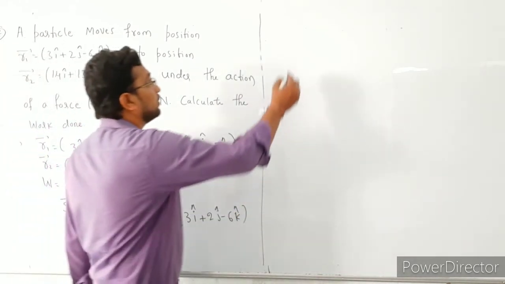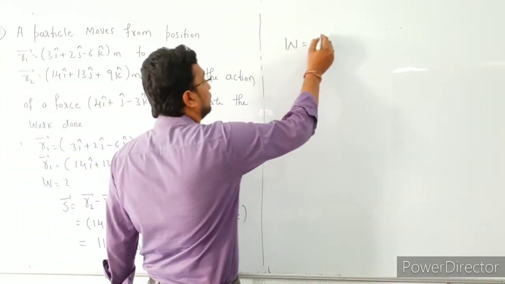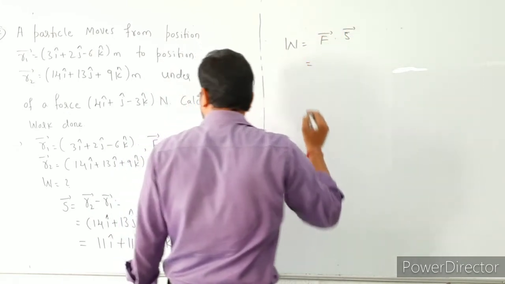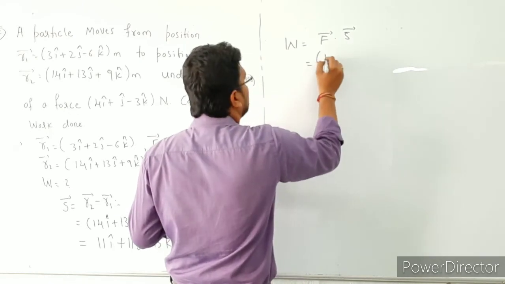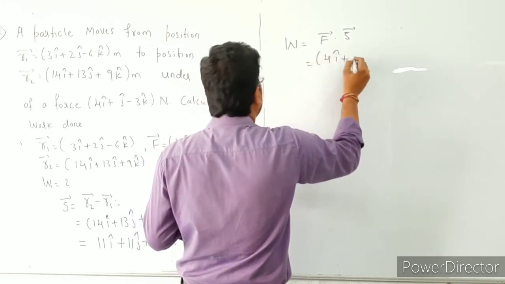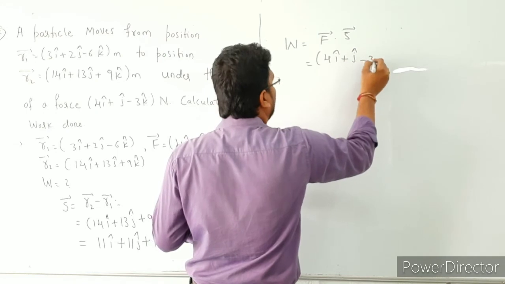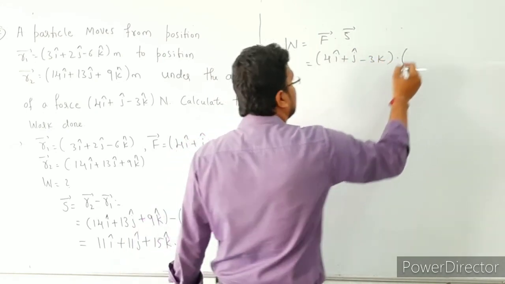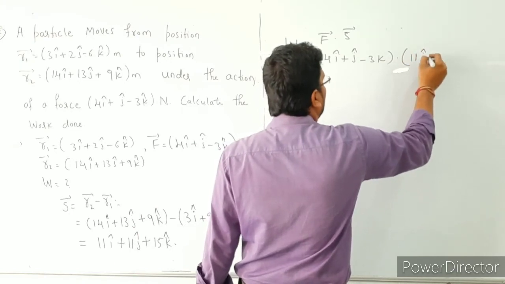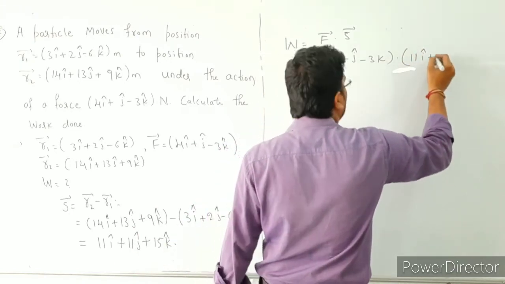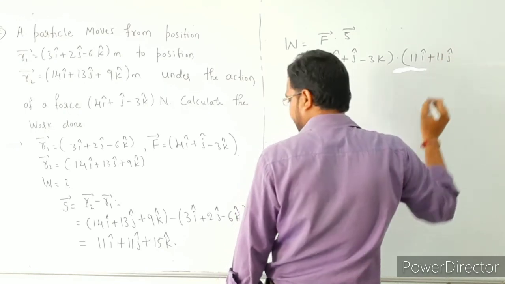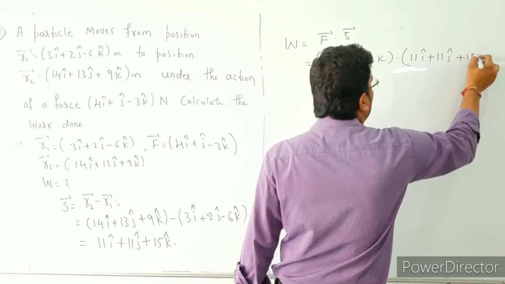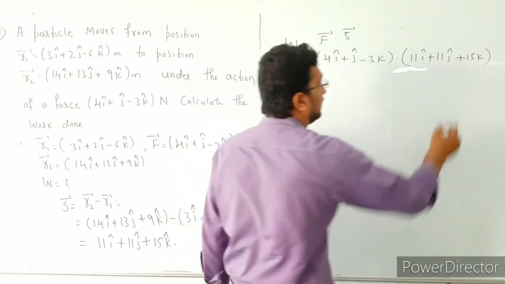So then work done is equal to force dot displacement. Here the force value is given, that is 4i plus j minus 3k, dotted with the displacement, 11i plus 11j plus 15k.